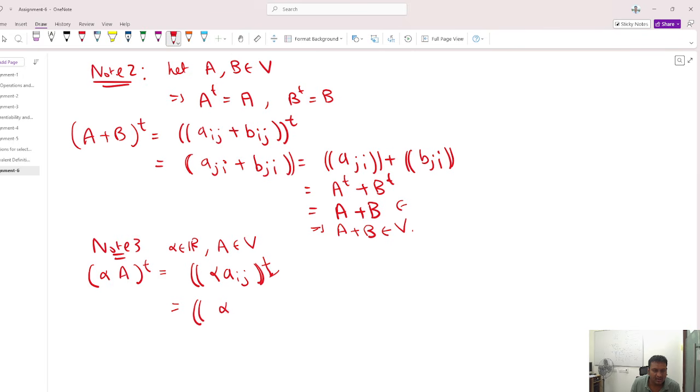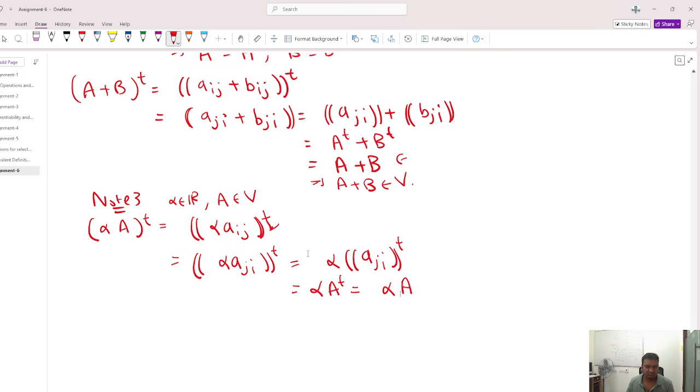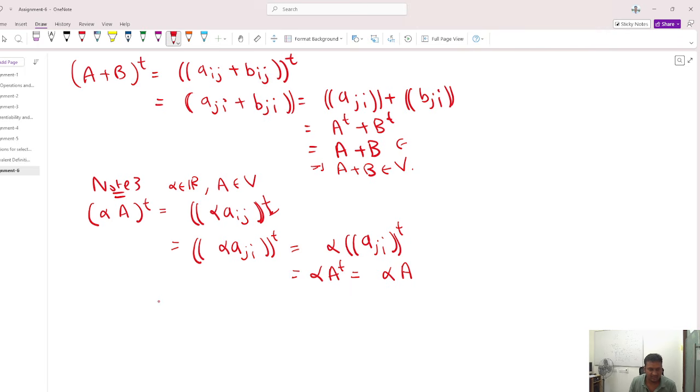So this will be alpha AJI, right? Alpha is multiplied with everything, so you can take alpha common. And what is A transpose? It is A, because A is in B. In fact, alpha A transpose is the same as alpha A. What this means is alpha A belongs to B.